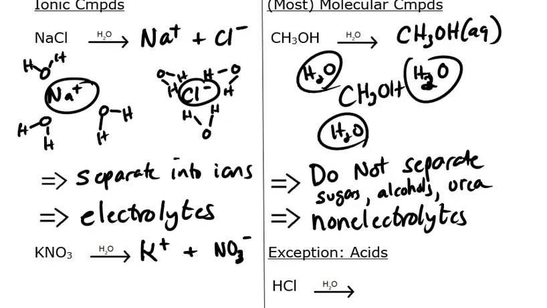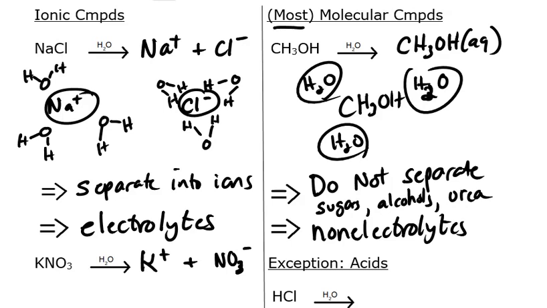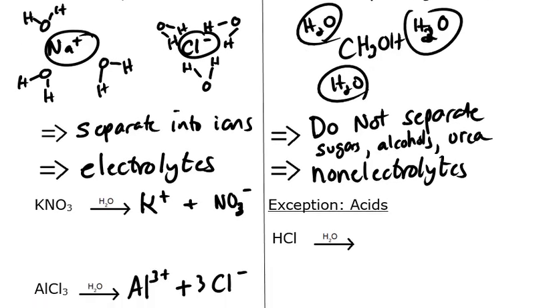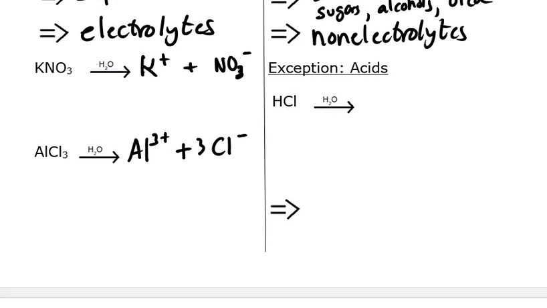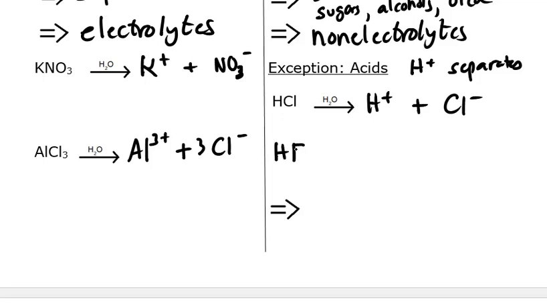But you'll notice I said most molecular compounds. There is a category that's an exception, and that is acids. Acids are a molecular compound that does separate in water. Okay, and specifically an H plus separates from whatever other parts there are. So for HCl, it separates into an H plus, and what's left over is a Cl minus. There are some acids that separate but not quite so strongly.